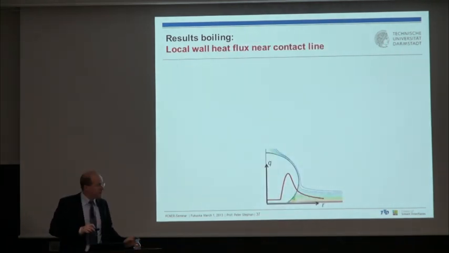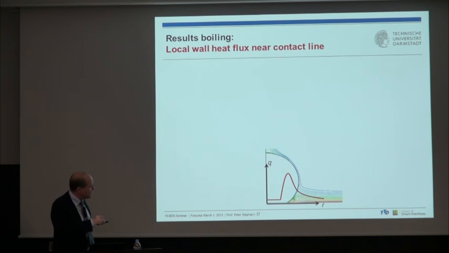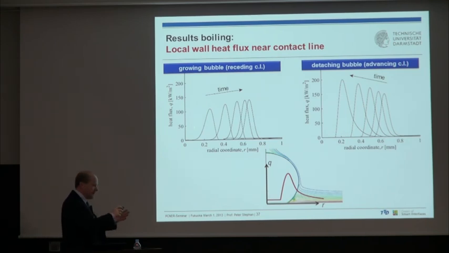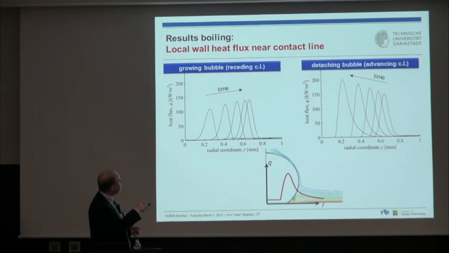What we learn is that we have a maximum heat flux here near the contact line. If I plot the heat flux versus the radial coordinate, and this is a half of a bubble, and this is the thermal boundary layer, we have a maximum of heat transfer in this area. And we can see that this heat flux maximum, when the bubble is growing, travels radially outside with the contact line.